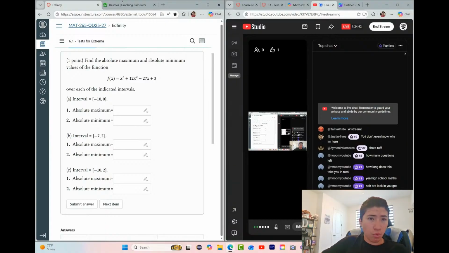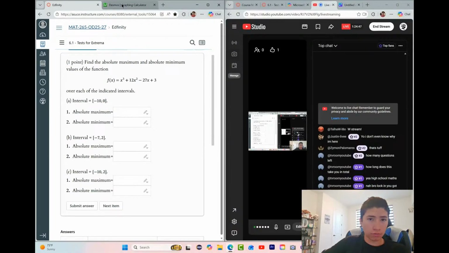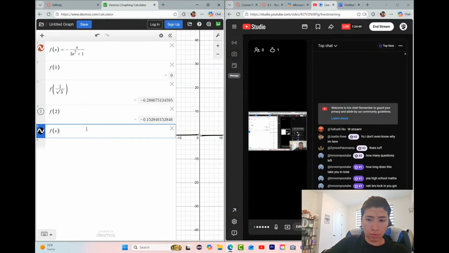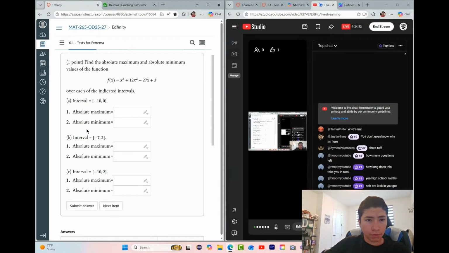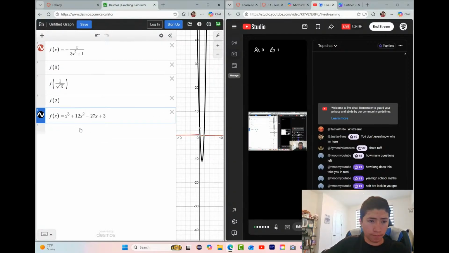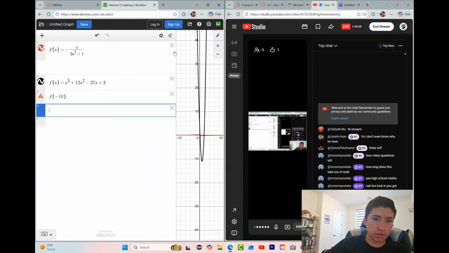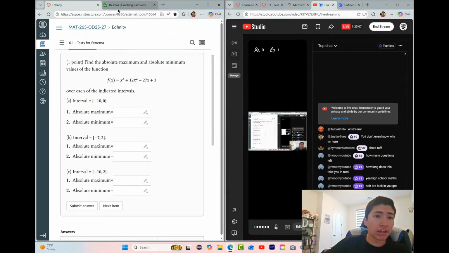So now let's write our function in Desmos. There we go. So we have f of x equals x cubed plus 12x squared minus 27x plus 3. So f of negative 10. Get rid of these. Negative 10 and 0.